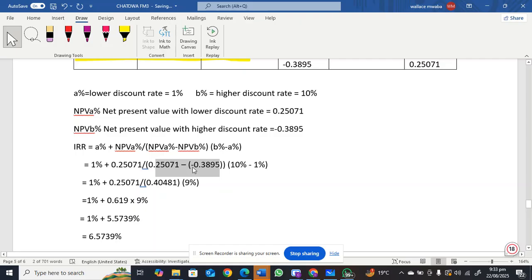So negative and negative make positive. So it's like we're adding, and we get 0.64021. Then you divide 0.25071 by this.